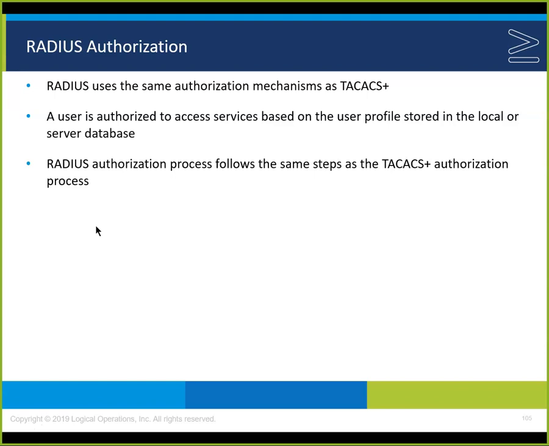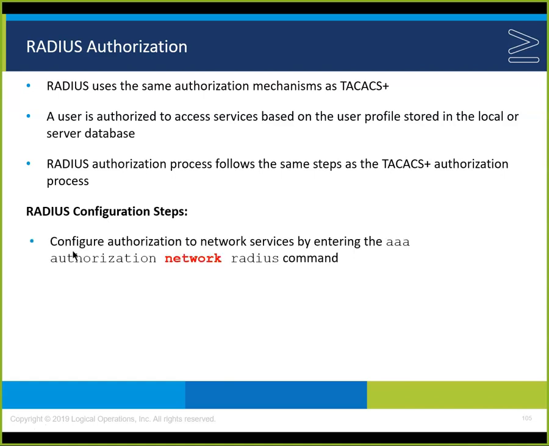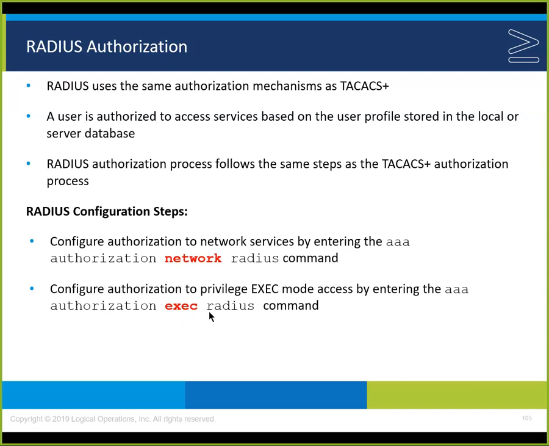Log in, username and password, we get a yes or a no when we do these things. User authorized to access the Radius authorization process, the same steps that we had with the TACACS authorization. Authorization, network Radius. What can we do? Authorization, exec.